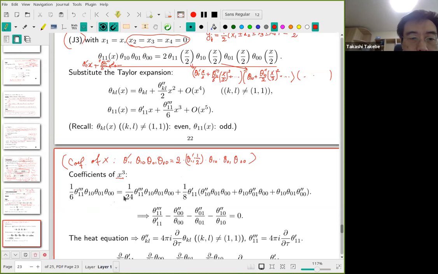Where 1 over 24 is 2 here times 1 over 6 times 1 over 2 cubic. And this comes from theta 1 prime x over 2 here, and for example, this comes from this.